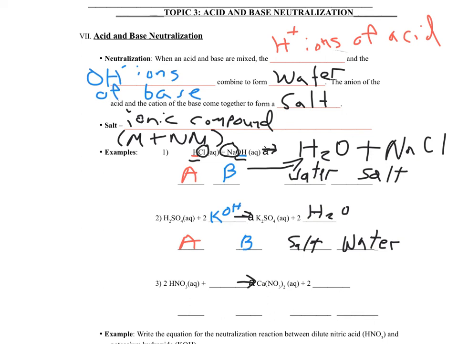Also, keep in mind that I did not put KOH minus up here. And I didn't do that for the same reason that this isn't H plus SO4. The idea is when OH is by itself, like this, it has a minus sign.